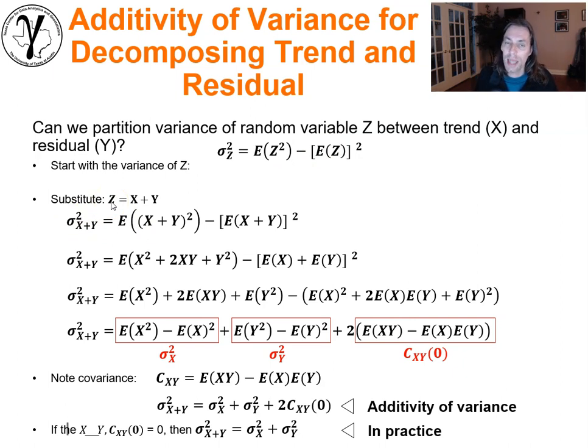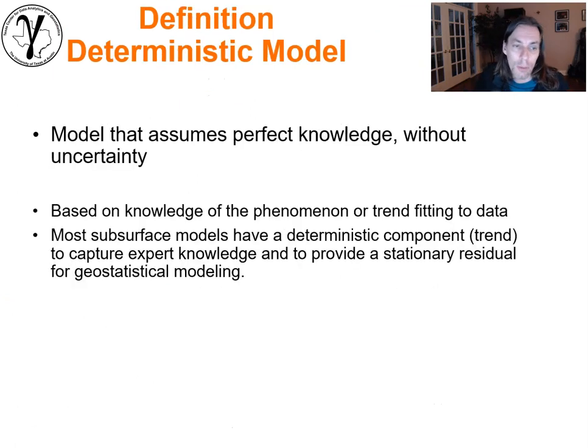The trend is additive with the residual, so it's just trend and residual. And if you go ahead and work this out, you'll find that the whole thing will simplify down to the variance of the x, the trend, the variance of the y, the residual, plus 2 times the covariance between the two. All right, so this is really cool. Additivity of variance works, and so we're going to want to build trend models even with the purpose of time series analysis and trends within time.